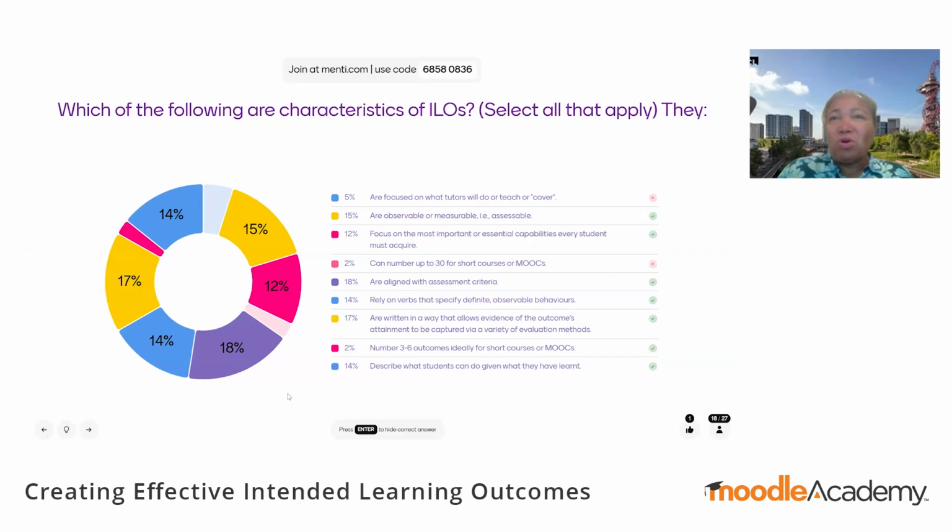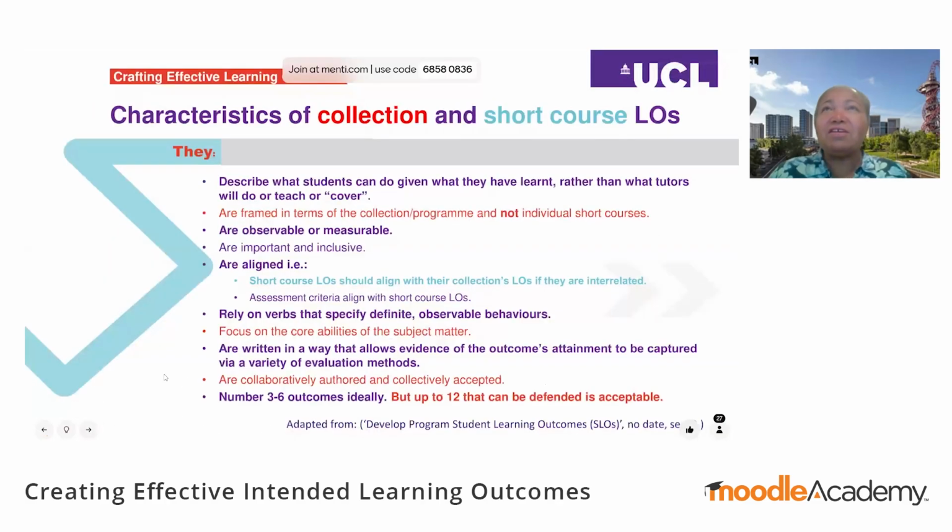And you wouldn't want as many as 30 learning outcomes for a short course. You'd want to keep it to probably around 3 to 6 typically on a short course. So everything else is a characteristic of a learning outcome, as we'll see here on this slide.